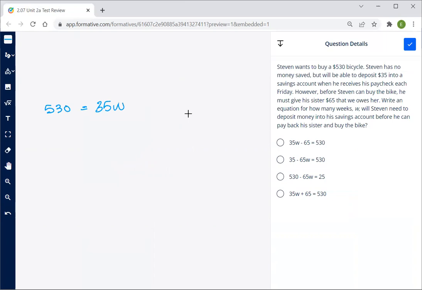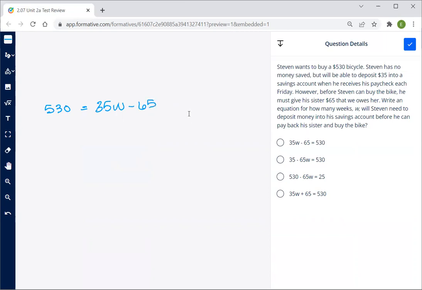Right, and then it says he owes his sister. Okay, so if he owes his sister a certain amount, that would be his starting, but he's already $65 in the hole. That would be minus 65.